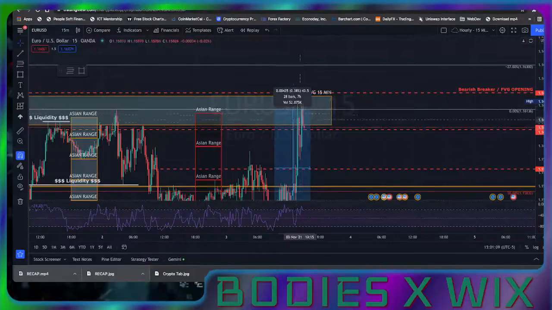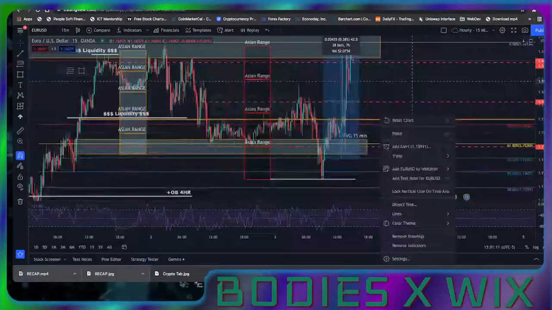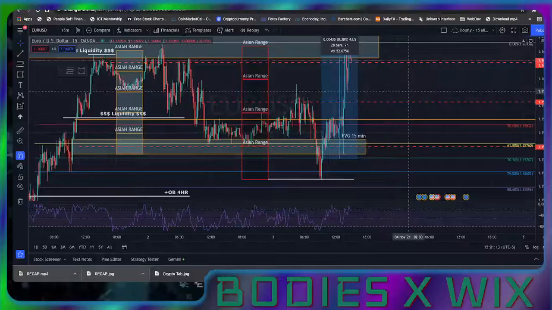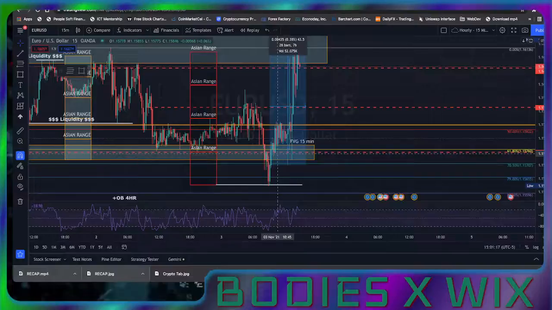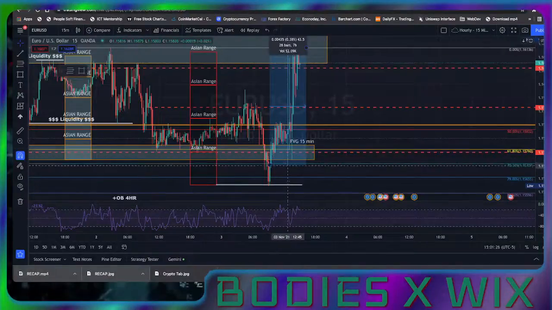And so of course I had a 43 pip day on Euro USD. Now to be honest, I probably shouldn't have been trading at that time because, like I said yesterday, NFP week, whenever we also have these numbers coming out, the algorithm can act a little wonky, but we got lucky this time.